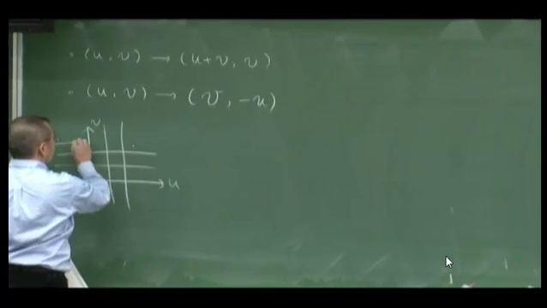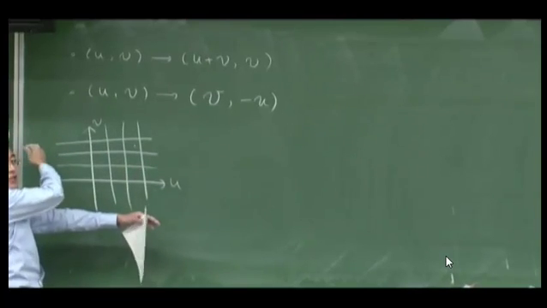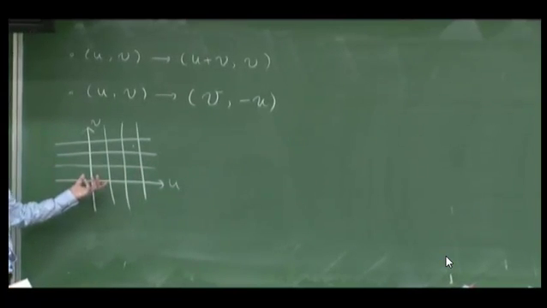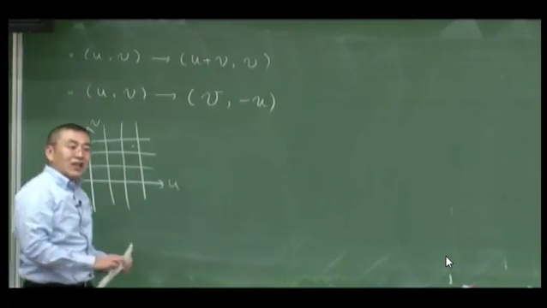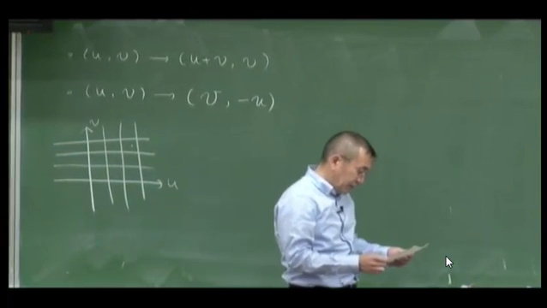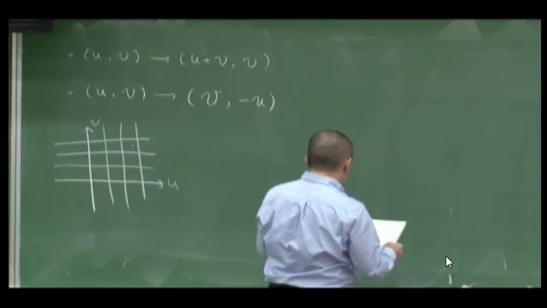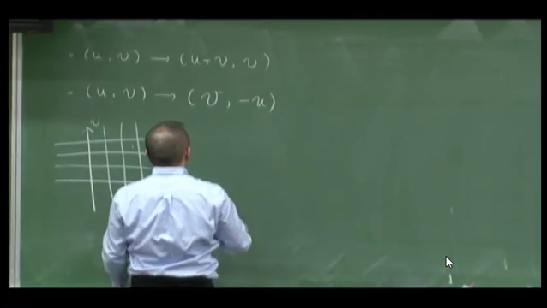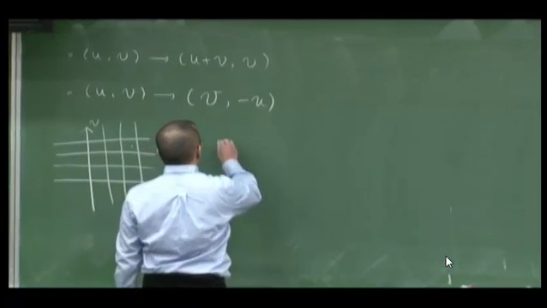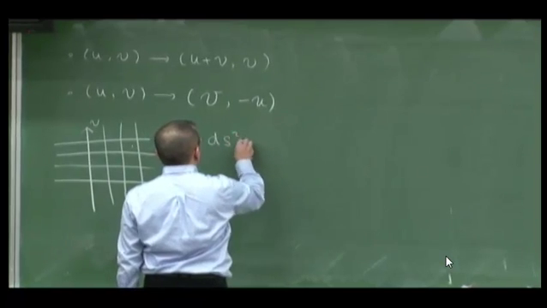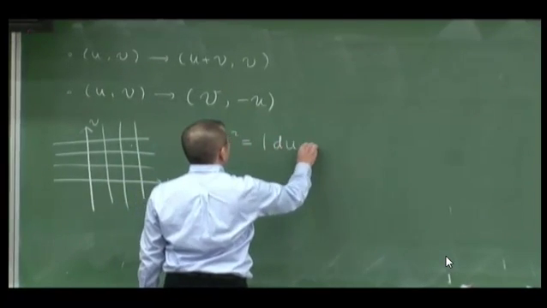Because what one is doing is just exchanging u and v, and since this is a square lattice, exchanging u and v does not change the shape of the lattice. Okay, but now how does the metric look? Well, the metric now becomes of the following form. Initially, the metric was like this.